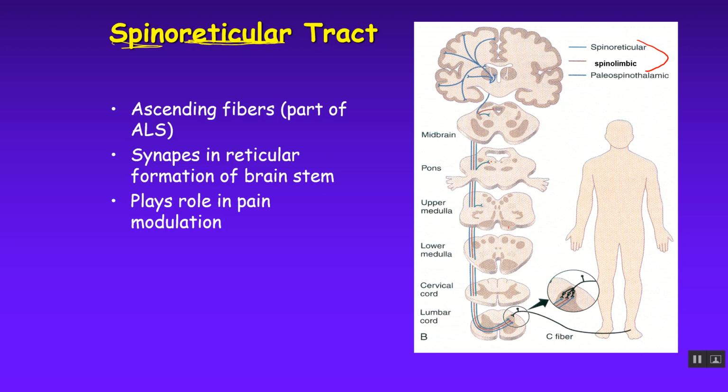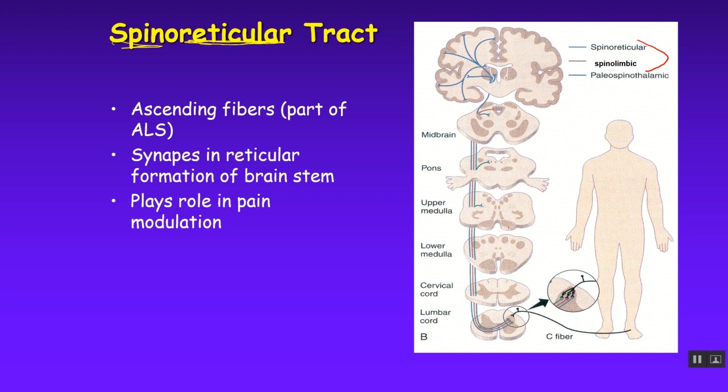That's, again, a divergent pathway. So that spinoreticular tract is just sending axon projections to various levels of your reticular formation in the medulla, in the pons, and the midbrain. Those also activate regions in that reticular formation that send signals down your spinal cord to modulate pain.